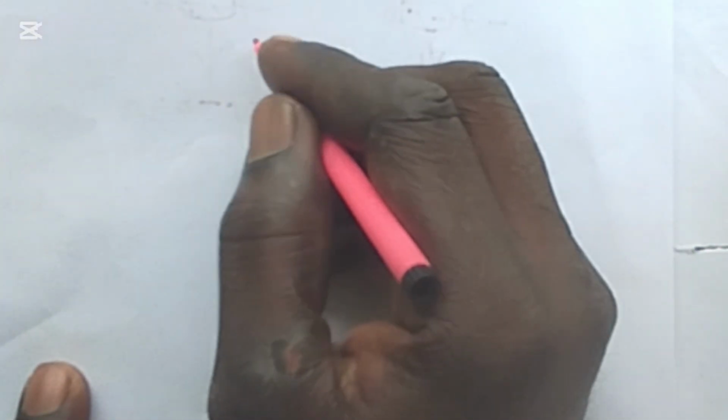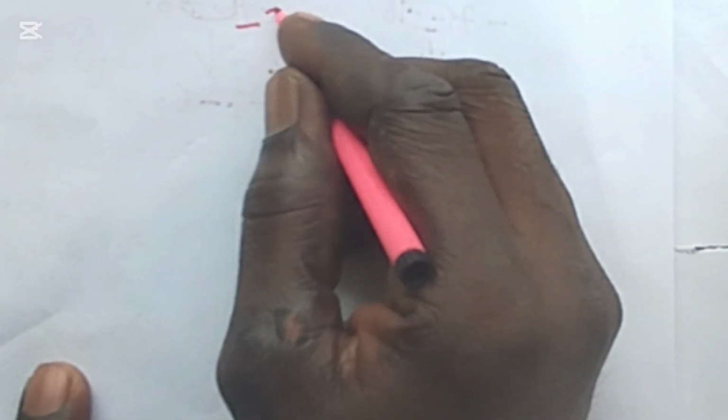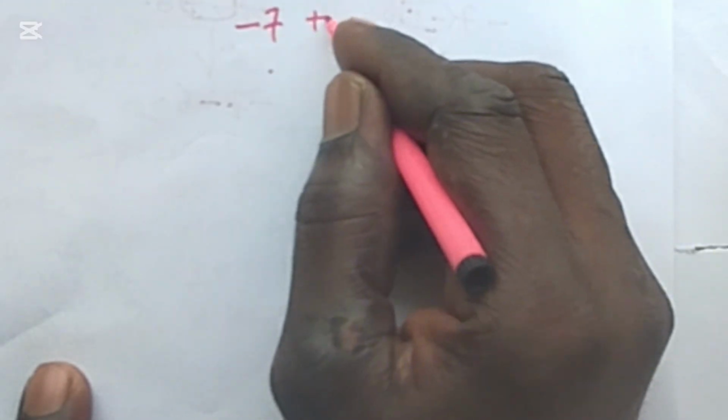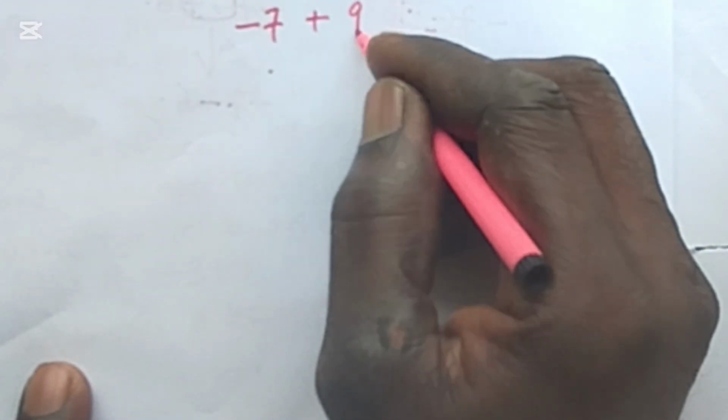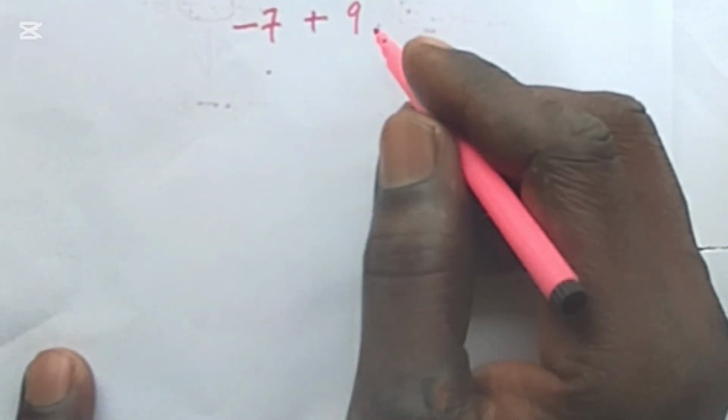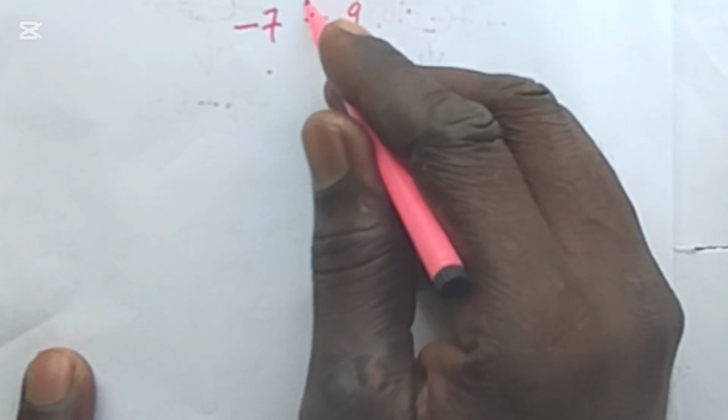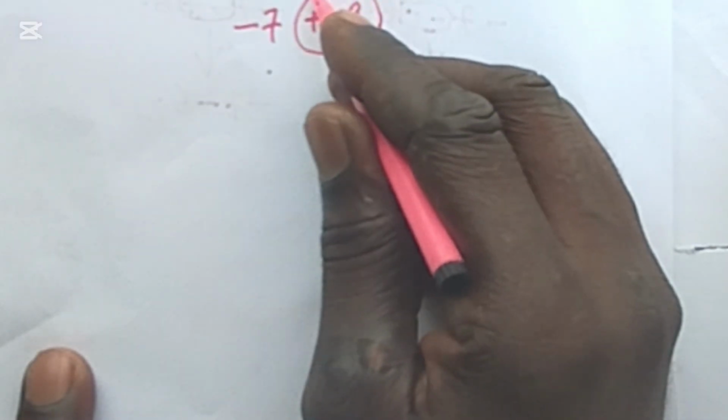What it simply means is that when you have a situation where you have, let's say, minus 7 and plus 9, how do we resolve this? The rule says that you should bring this to the front.